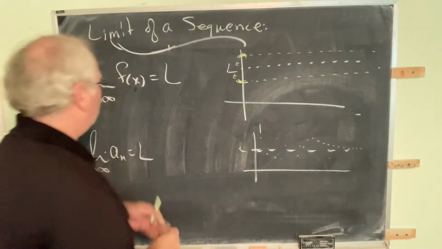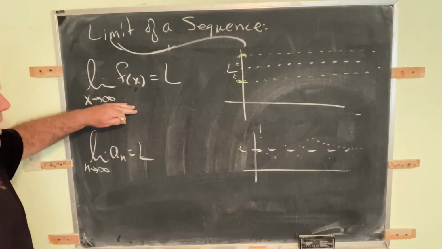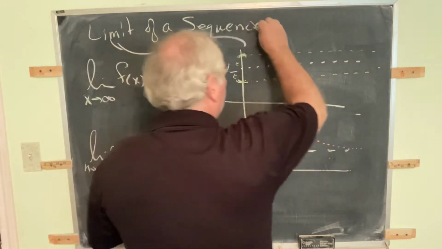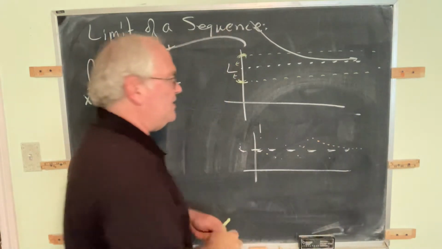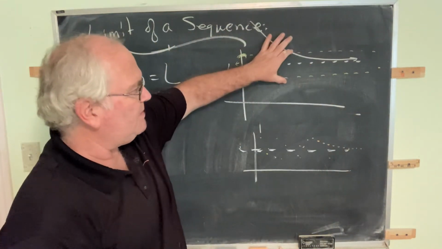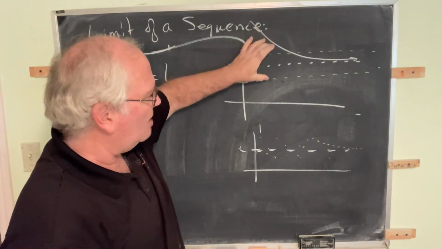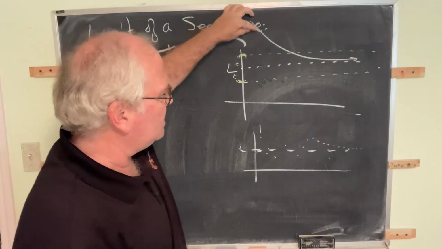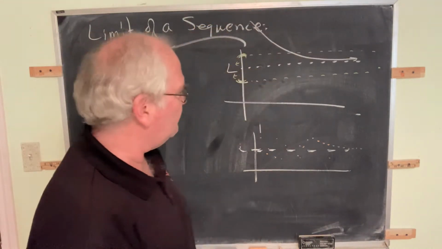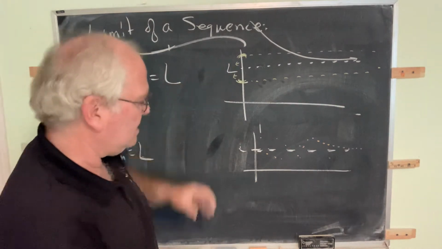And what we mean when we write this is this function gets inside the epsilon sleeve. Think of this as a long sleeve shirt that's on the outside of someone's arm. The asymptote is the arm, and the epsilon values are the sleeve. Eventually, this gets inside the sleeve and never leaves. And that's true for every possible choice of epsilon.